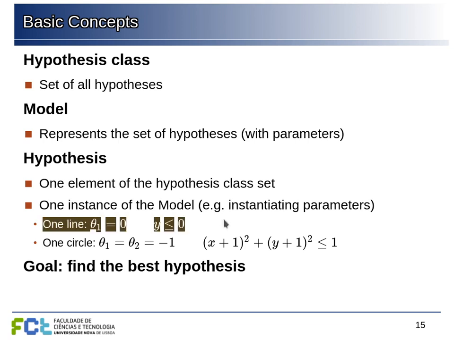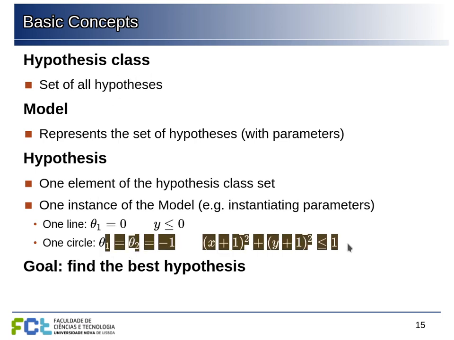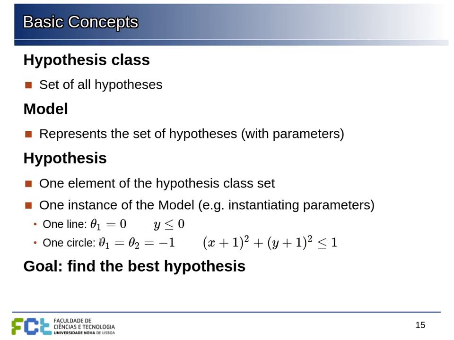For example, one hypothesis would be to use one line, a horizontal line passing at 0, so that if the second coordinate of a point is less than or equal to 0, we would classify that as blue, red otherwise. So this hypothesis gives us one algorithm to classify points. Or, using the other hypothesis class, we would get this particular hypothesis by instantiating θ1 and θ2 to -1 in the circles hypothesis class.